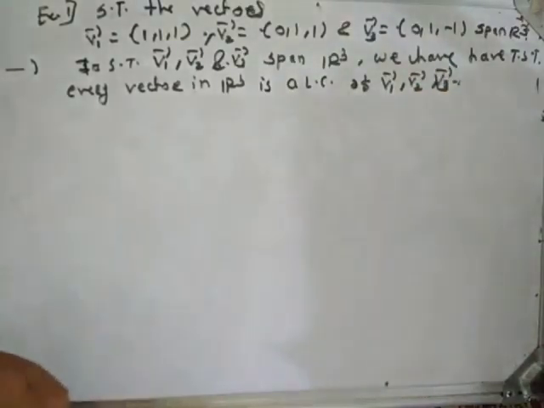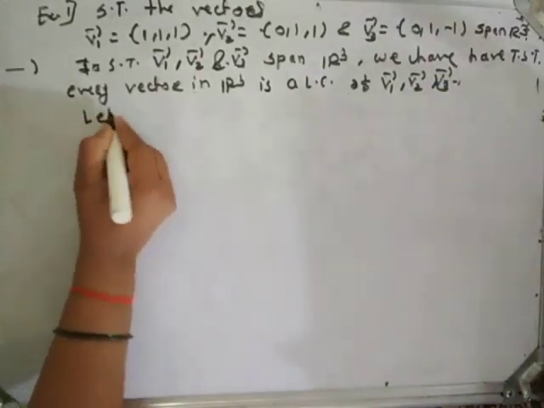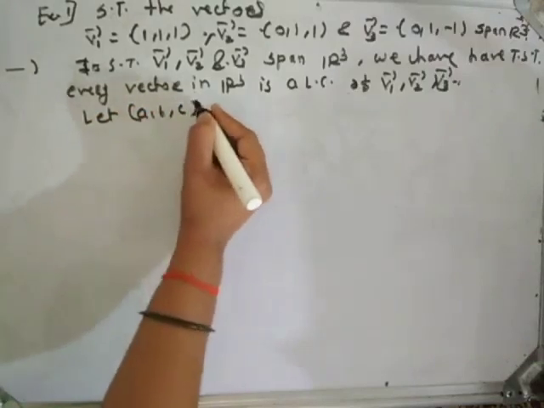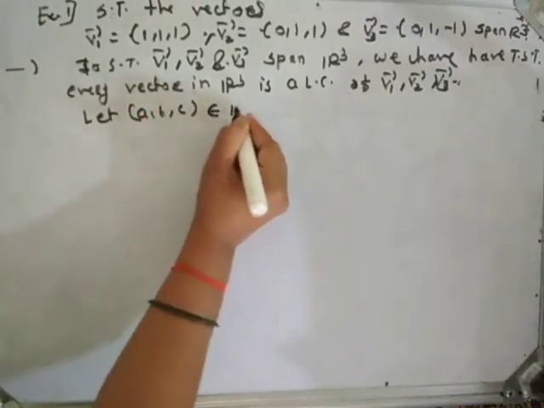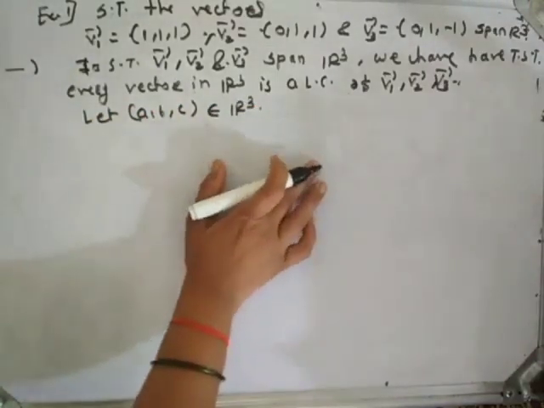Okay. So let the vector (A, B, C) belong to R3. Suppose this is a vector in R3.